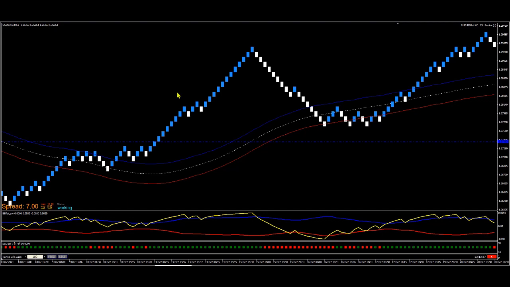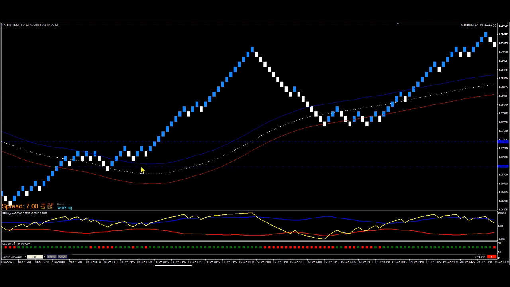So now we want to do our stop loss. Our stop loss is going to be 5 bricks down. Remember I said that we calculate our stop loss and our take profit from the brick size. So our stop loss will be 1, 2, 3, 4, 5.